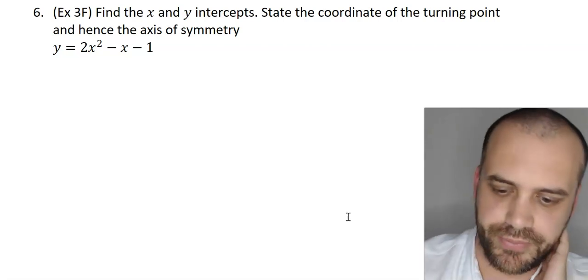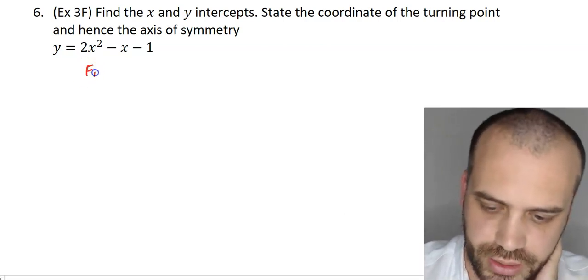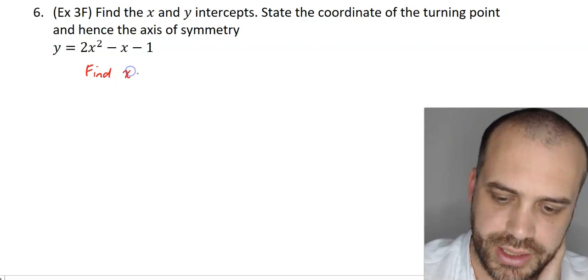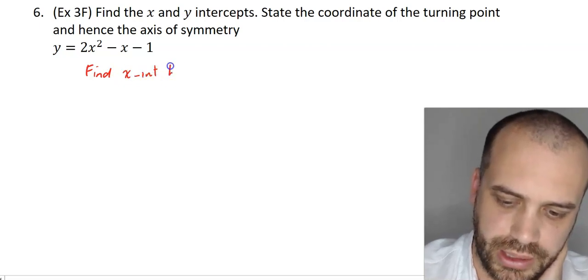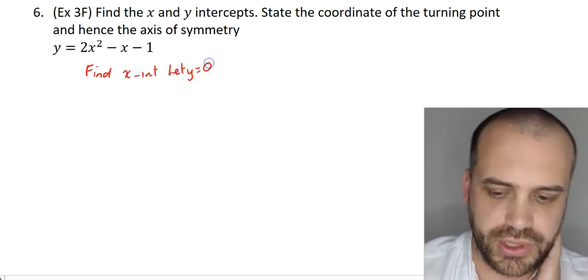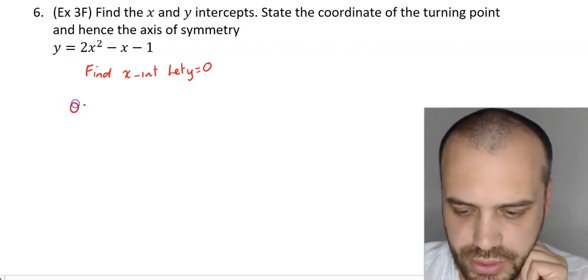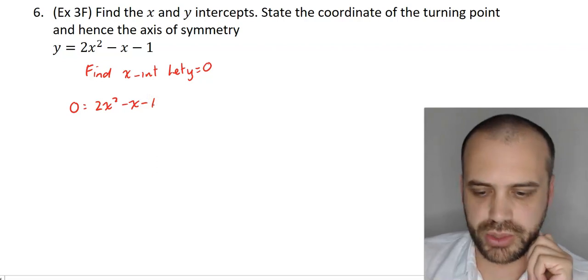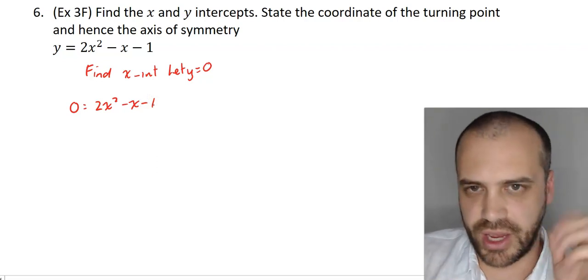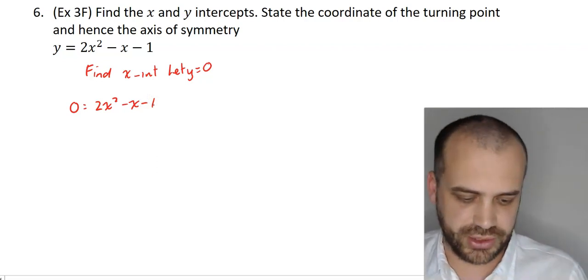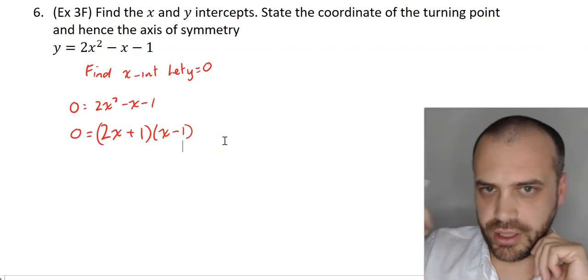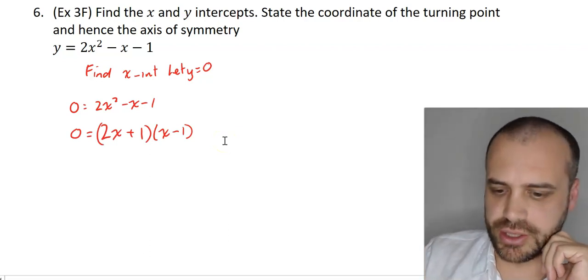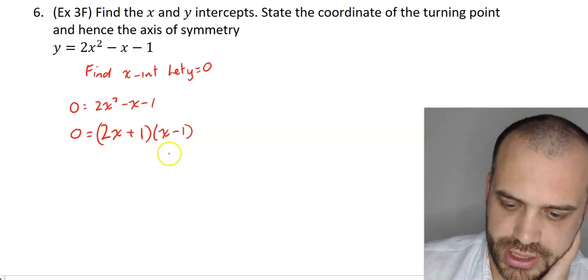Really straightforward here. Find x-intercept, let y equal 0. Okay, so 0 equals 2x squared minus x minus 1, and then we've just got to factorize and use the null factor law. So you've seen me factorize a bit. If you want to go and practice that, go to the exercises, but that's how you factorize that.